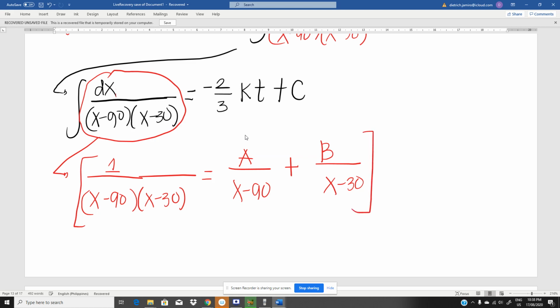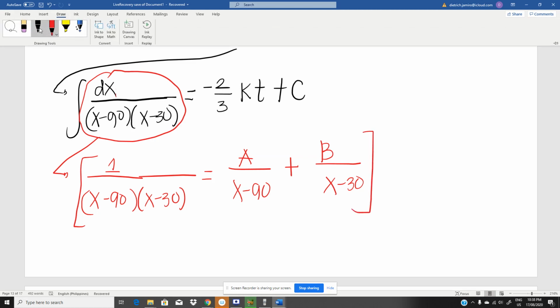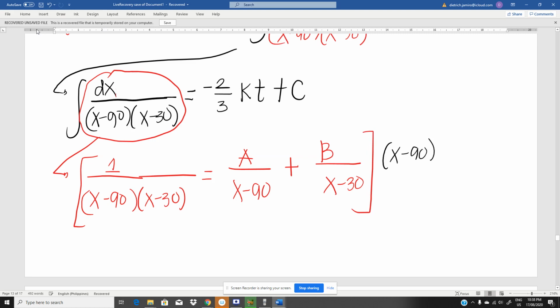Multiplying this by (x minus 90)(x minus 30).